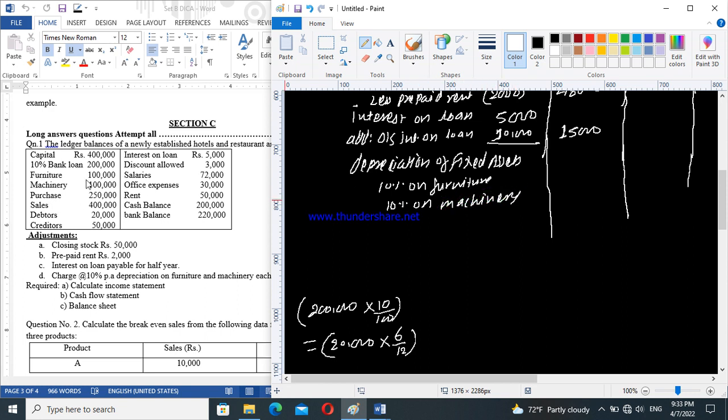How to calculate 10%? 1 lakh and 1 lakh. 1 lakh into 10 by 100, the amount is 10,000.